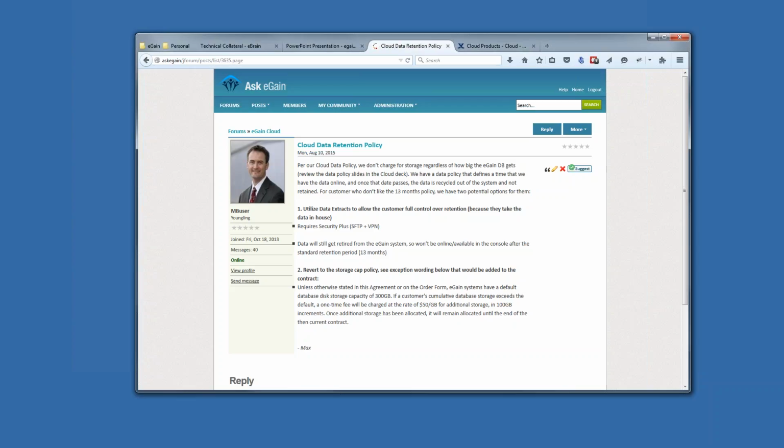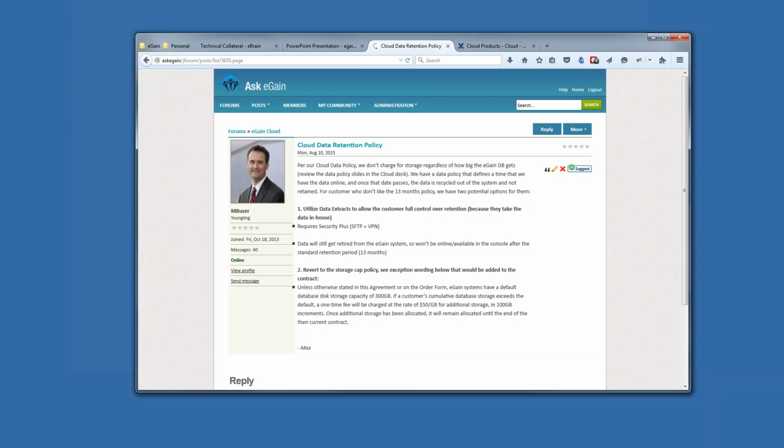As part of one of the CFS solutions, data extracts are now included in CFS, so it doesn't come at any extra license cost to the customer. That's the first use case that we recommend for customers who have retention needs.